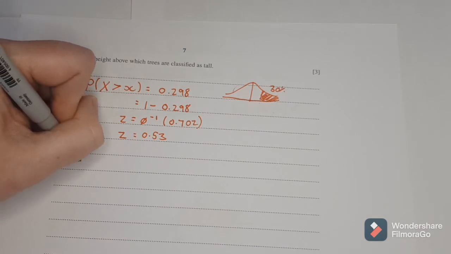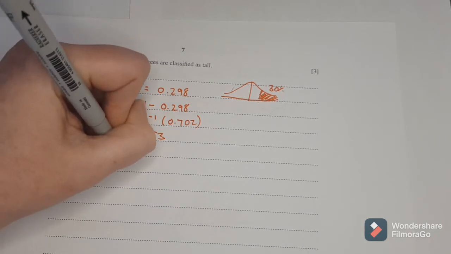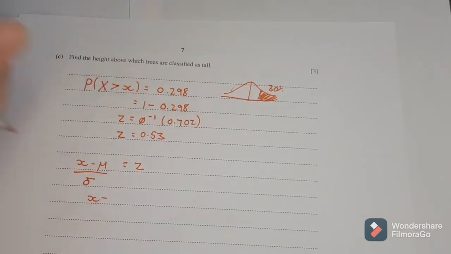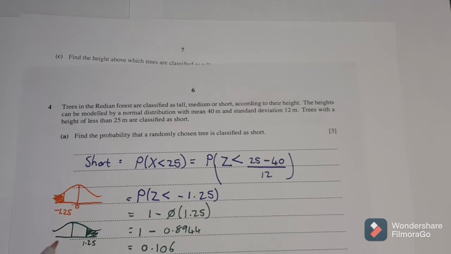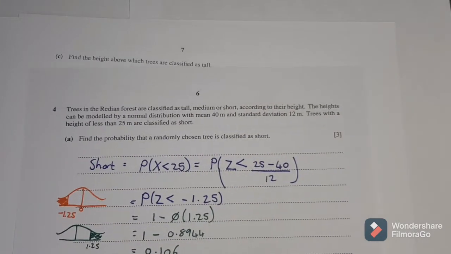So what I normally would have said is x minus the mean over the standard deviation to get my z value. So that's x minus the mean, which I was told previously in the question, with a mean of 40 and a standard deviation of 12.